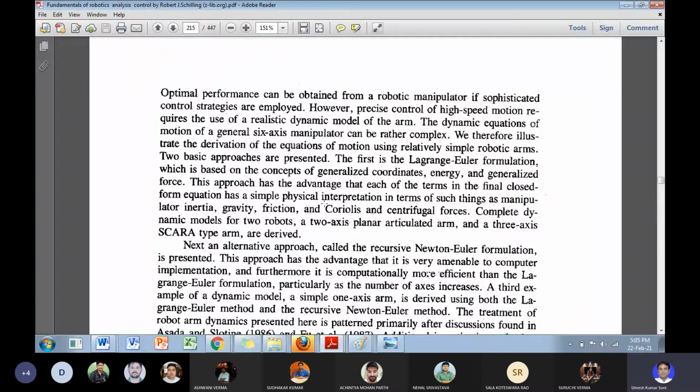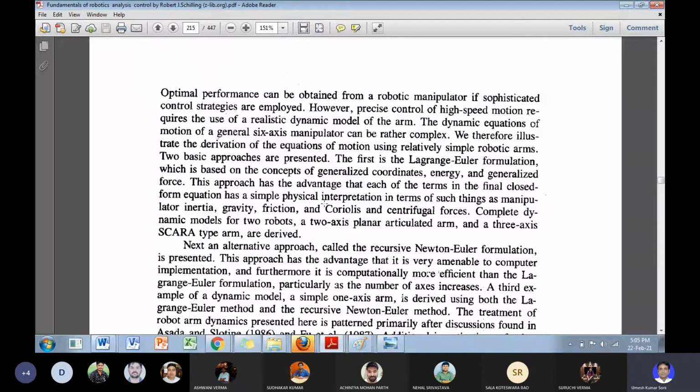So the Lagrangian function is defined as the difference between the kinetic and potential energy as follows. You see here, this is the kinetic energy, this is the potential energy, and this is the difference. Here we can see that the kinetic energy varies with the position q as well as the derivative of position and orientation.